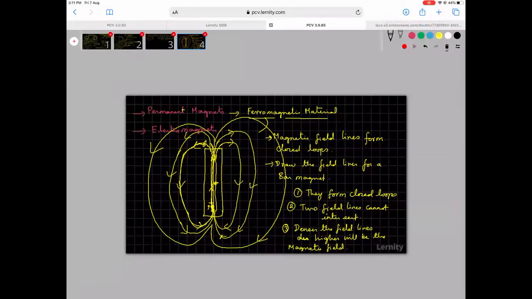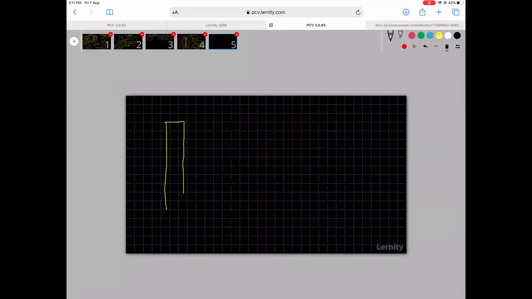Now if I take a permanent magnet and suspend it from some point, it orients itself such that one pole points towards the north side. Whichever pole that is, it will tend to point towards the north of the earth.